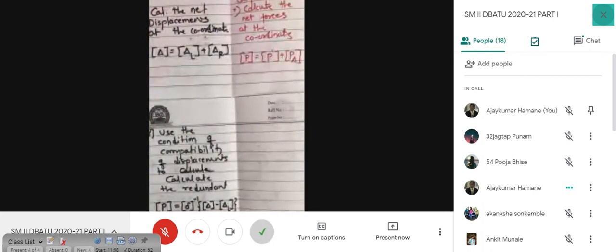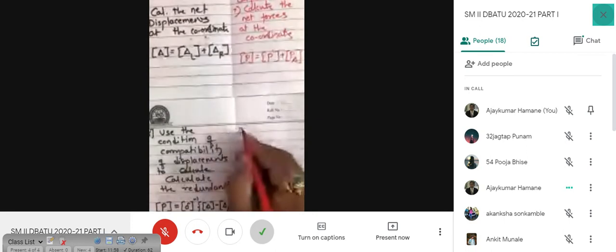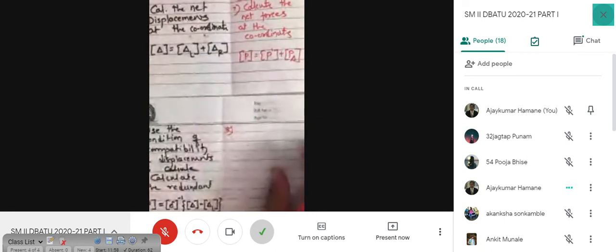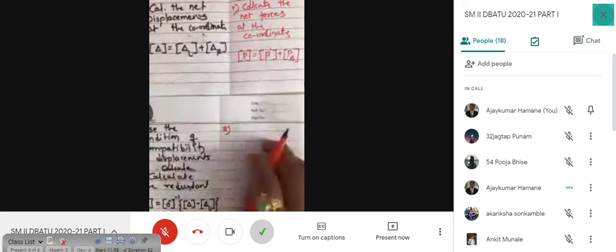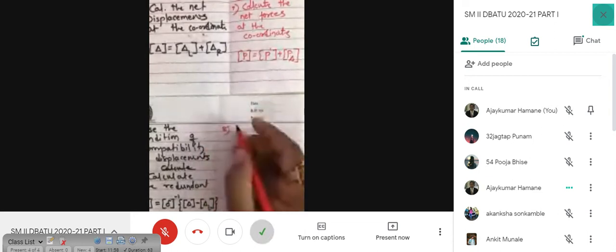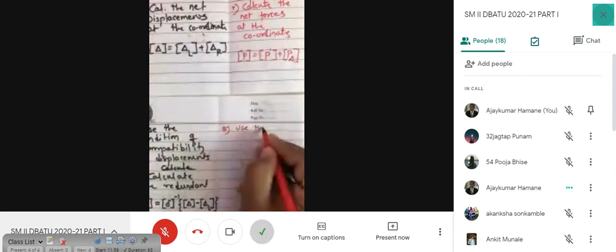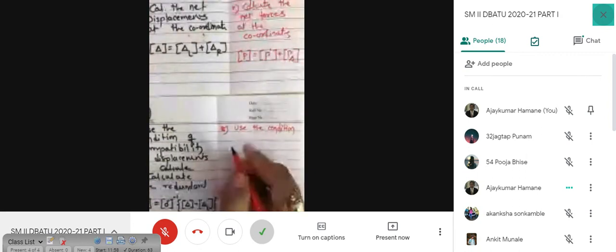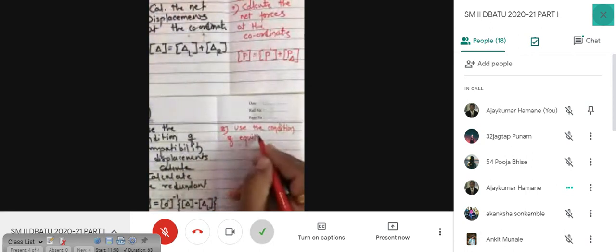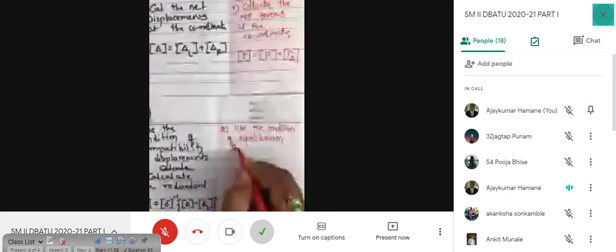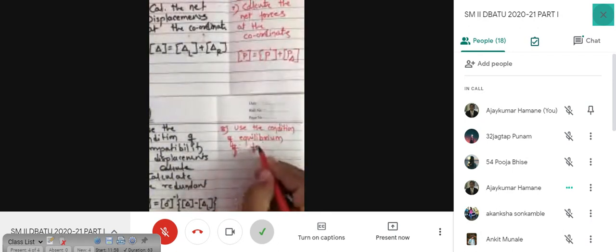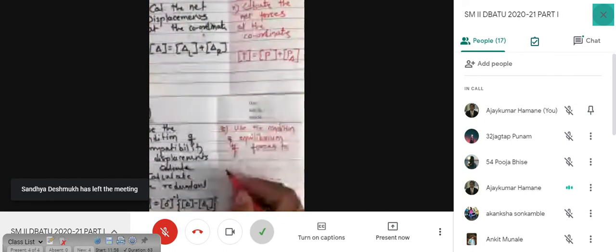And here eighth, use the condition of equilibrium of forces to calculate the displacement.